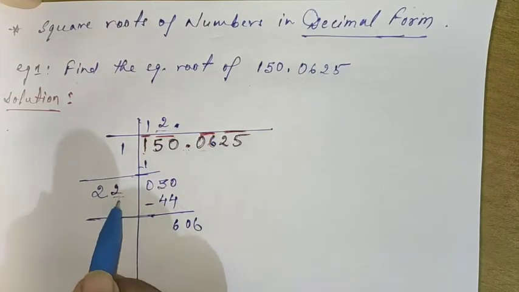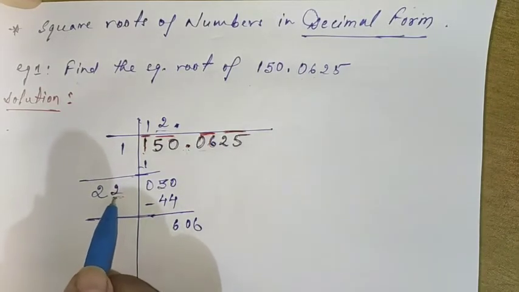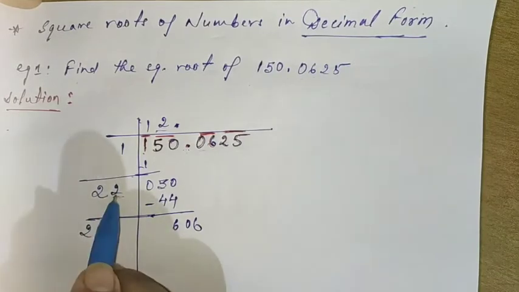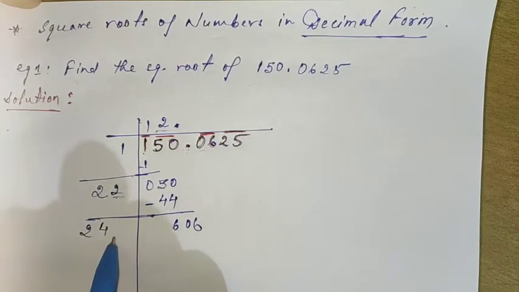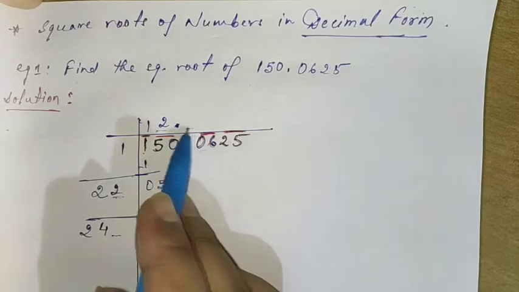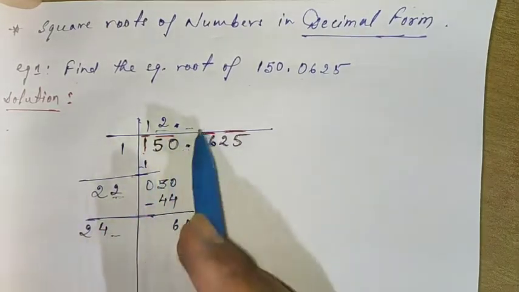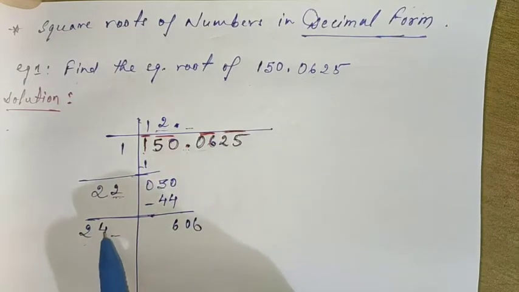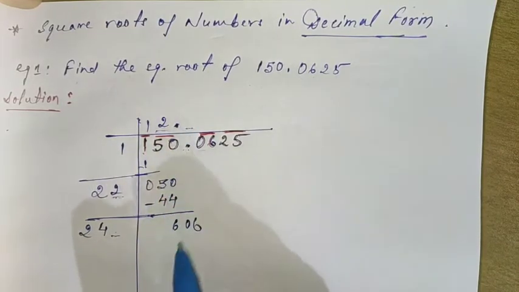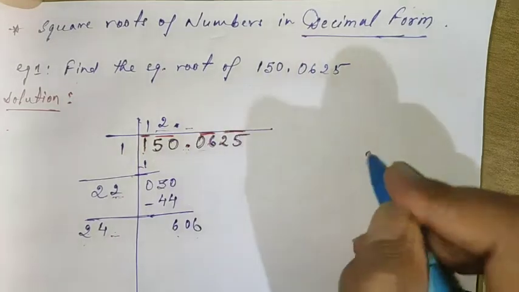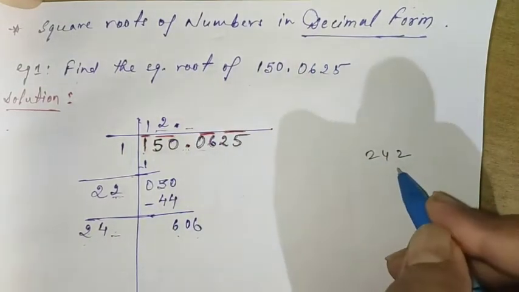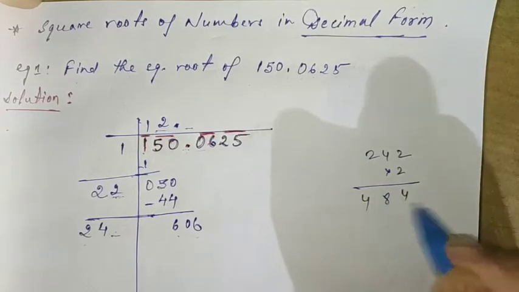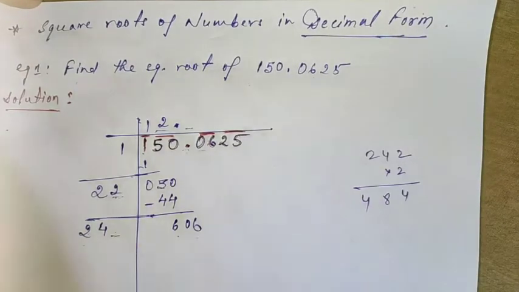Now in the second step I have used this 2, so I will double this 2 that I have used. Double of this 2 will give you 4 and a blank space here and over here, we'll fill up with the same numbers and then multiply. So just see, 241 into 1 will give you 241 and 242 into 2 will give you 484.